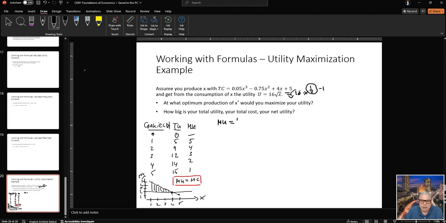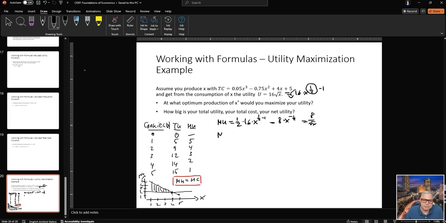So now we get 1/2 times 16 times x raised to the 1/2 minus 1, which is then 8 times x raised to the negative 1/2, or 8 over the square root of x. So that's the marginal utility.